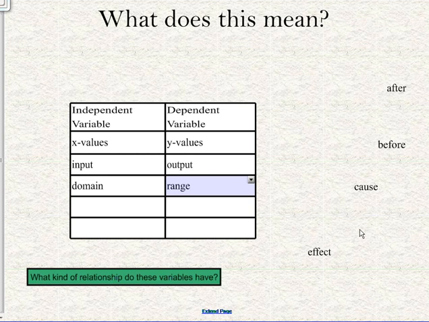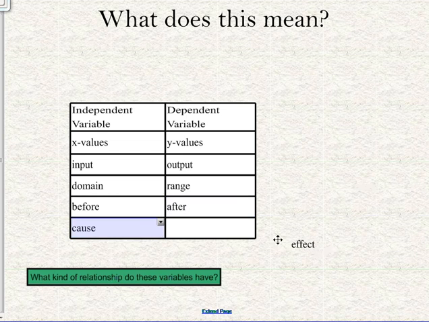Okay, so we can use this with some other vocabulary words. These oftentimes are used when writing word problems. They're also good language arts words that are used when you're talking about a story or something that happens, and it can relate directly back to math in this particular situation. So we have our before, which then our after depends on what happens before, and then we have our cause.